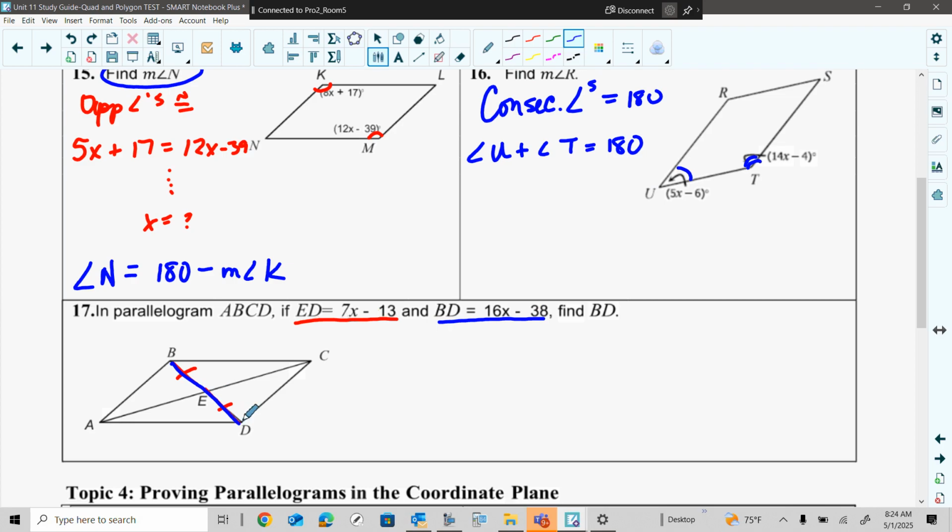So you have to remember that it takes two parts of that ED to equal the BD. You're going to have to find the X and then plug it back in. Don't forget they're asking you to find the whole diagonal.